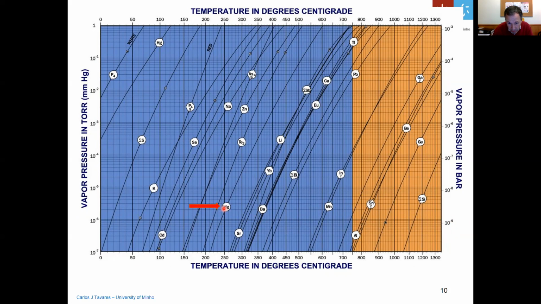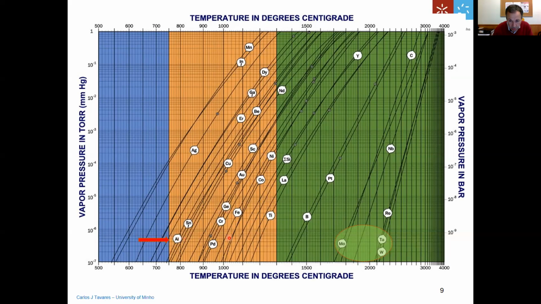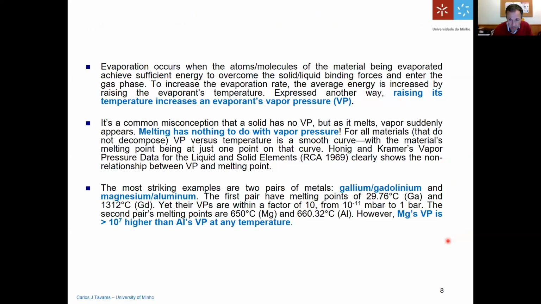So how can you compare this? Magnesium has a vapor pressure of 10 to the minus 9 at a temperature which is about 1/4 of the temperature of aluminum to produce the same vapor pressure. So that's why magnesium, as I mentioned before, has a vapor pressure which is 10 million times higher than aluminum.